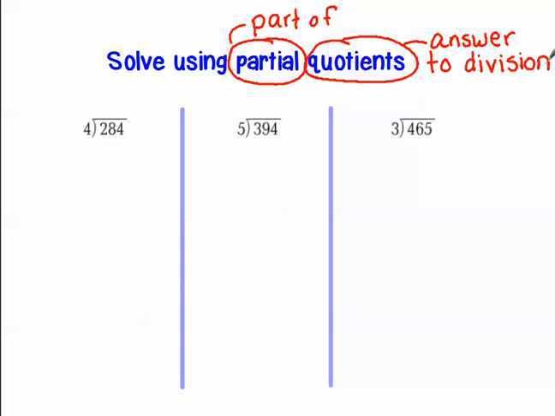So we need to look at the number 4, and I've told the kids today, what can I multiply 4 times to get really close to the number 284? Now, some of the kids were like, well, Miss Rushton, I can't do that, that's too much. So I said, yes, you can. What can I multiply 4 by to get really close to 28? That doesn't seem quite so hard.